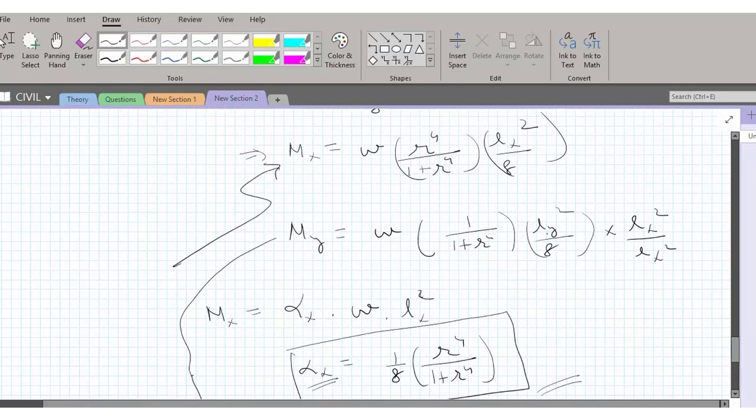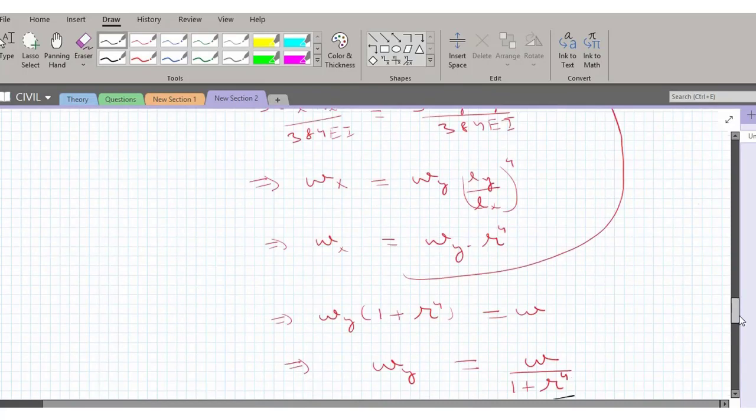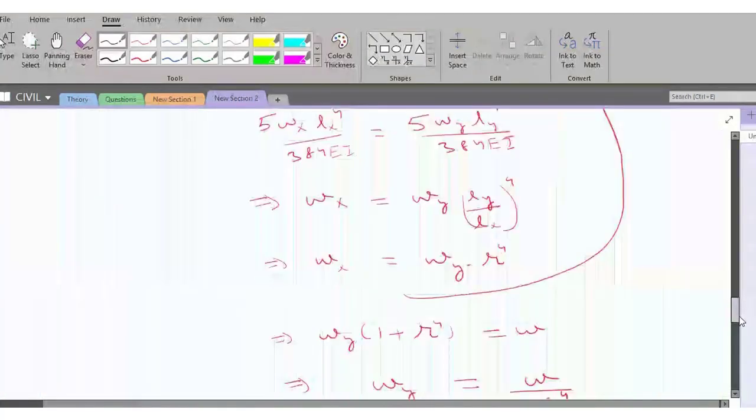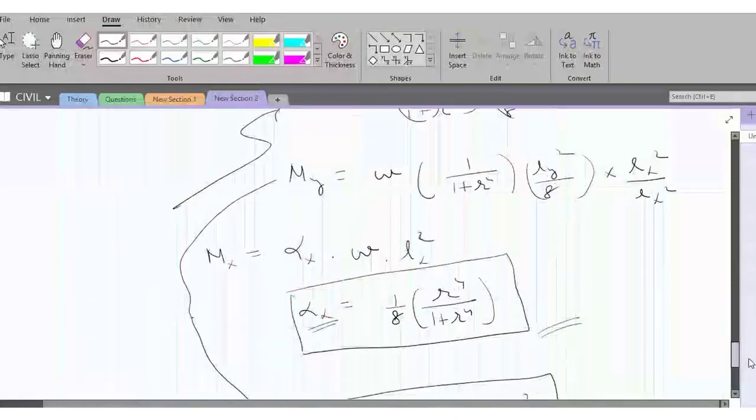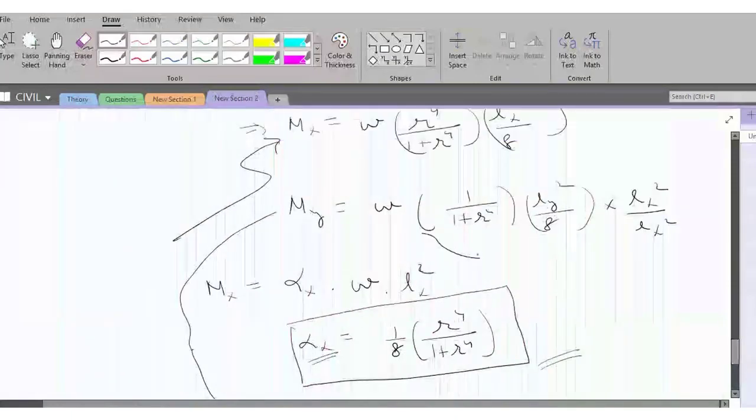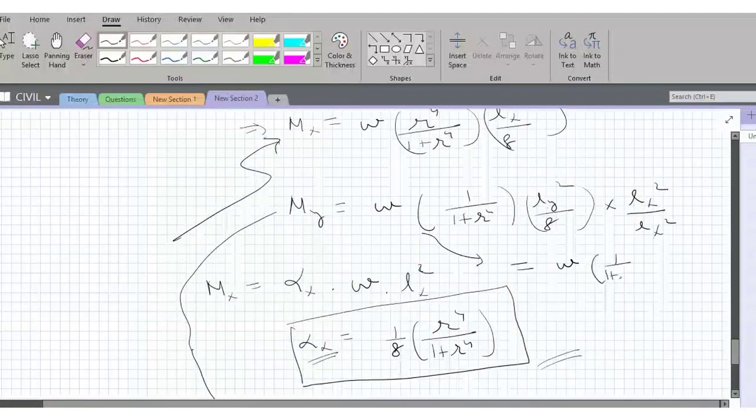And you see Ly by Lx is my ratio which I'm considering as R. So this My equation is reduced to W into 1 by 1 plus R to the power of 4. Ly by Lx is your ratio, so I'm writing R square divided by 8 into Lx square.